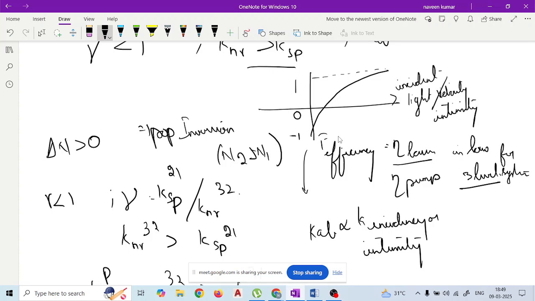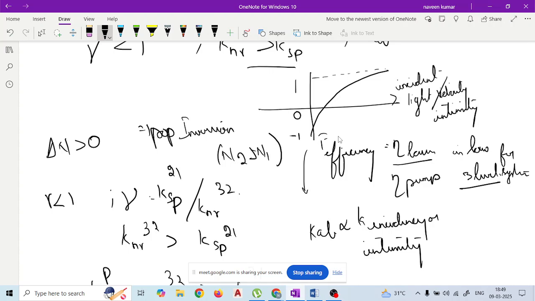As you will see in this plot, delta n by n will be minus 1, because what you are starting with is everything in the ground state only. So with everyone in the ground state, we need much more energy for the molecules to get energized and then pump up.